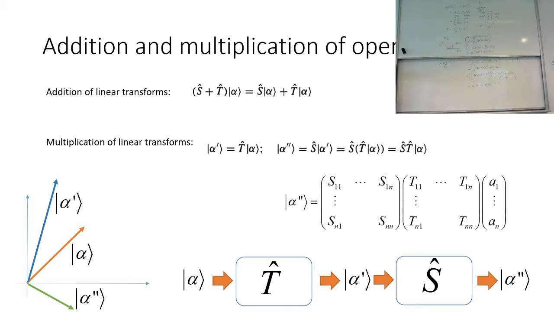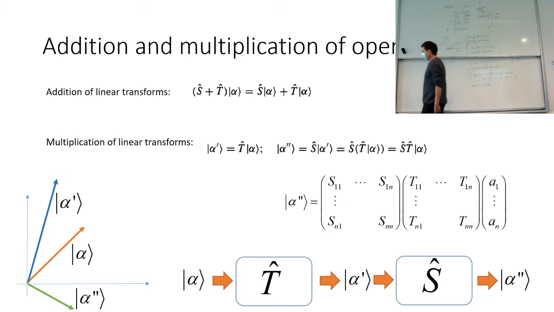We can work that out by taking the vector, applying T, then applying S to the new result. Or we could multiply the two matrices first, get this combined S and T matrix, view it as a single operator, and put alpha into that. Both give the same result.